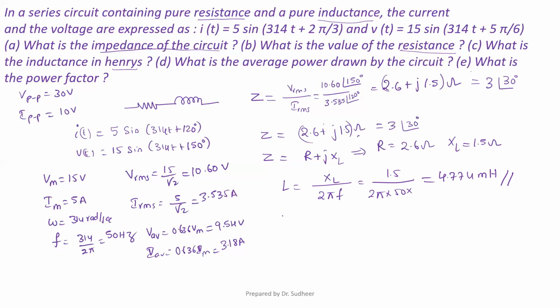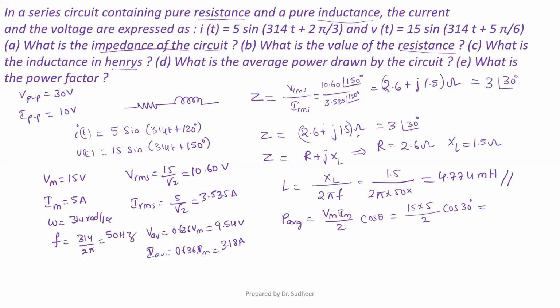Now, what is the average power drawn by the circuit? If you do remember, average power P average is Vm Im by 2 cos theta. This is the average power formula. So what is your Vm value? 15 into 5 by 2 into cos of the angle between V and I. The angle between V and I is 30 degrees because it is a 30 degrees lag.